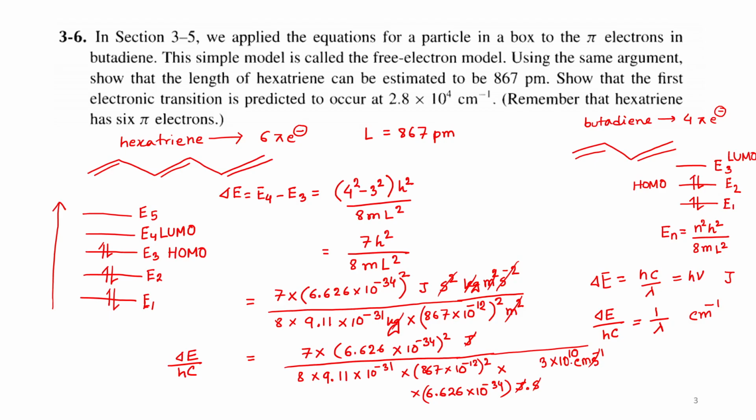Ultimately you see we are going to be left with centimeter inverse as the unit. So I am going to write my answer here. Before that, cancel this with this. Let me use my phone and give you the answer, whatever I get. 7 into 6.626.